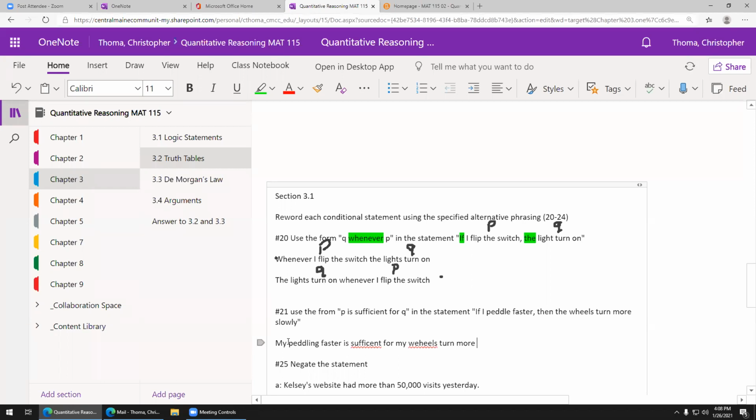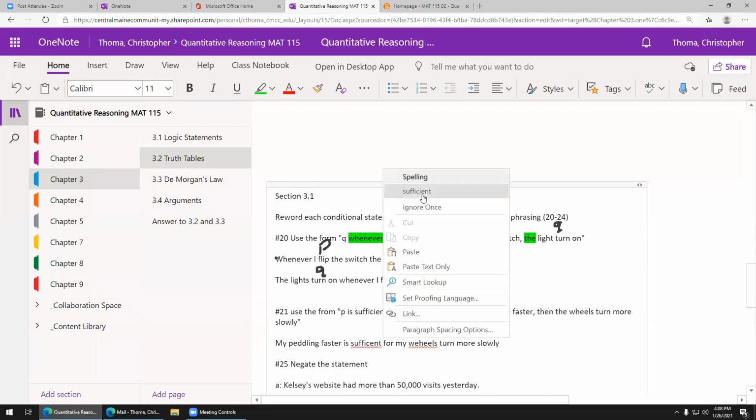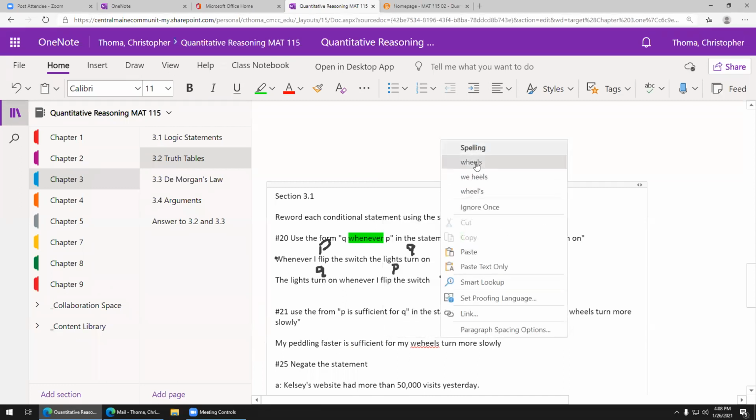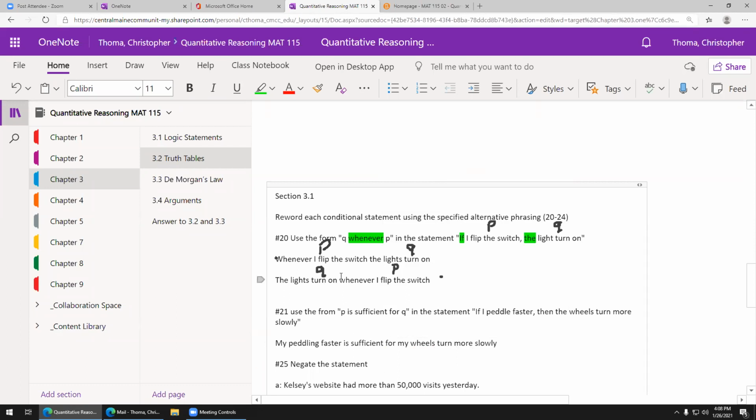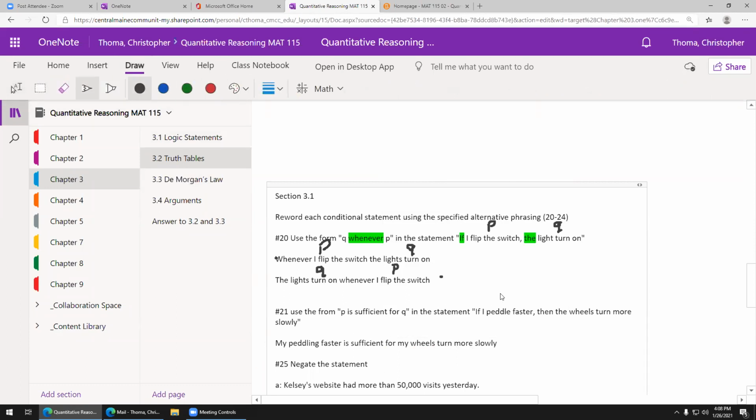Yep, turning more slowly. Yeah, sometimes replacing with what they want you to doesn't really make the sentence better. In this case, I would argue that. But the key is making sure that we're still in the right order, right? So this is P because it's the first statement. This is Q because it's the second statement. I'm still in the right order, so P is first, Q is second, and I replaced if and then with the word sufficient. Let me find my highlighter.